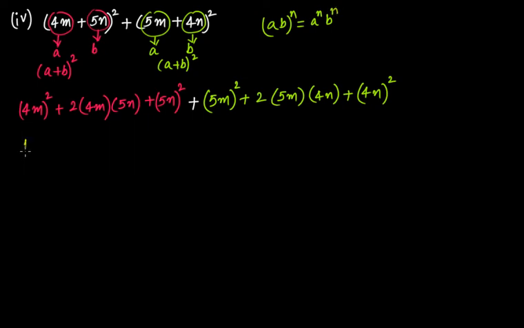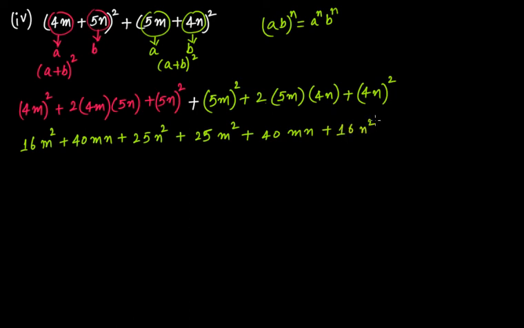So this is 16m squared plus 2 times 4 is 8 times 4 is 40mn plus again using this one you get 25n squared, plus using this one you will again get 25m squared plus 2 times 5 is 10 times 4 is 40, so 40mn, and here using this one you get 16n squared.